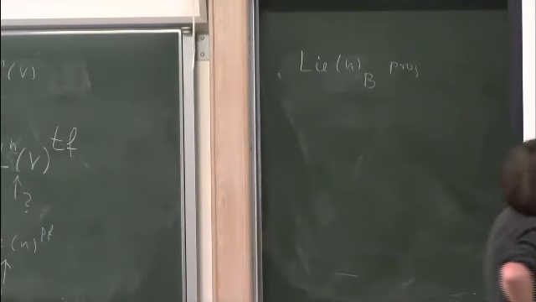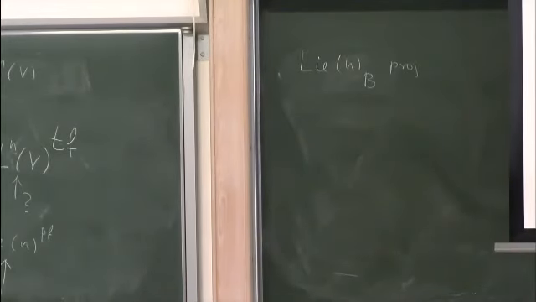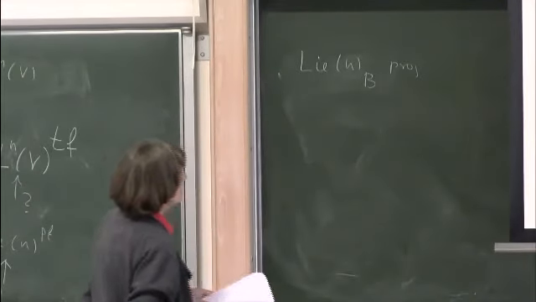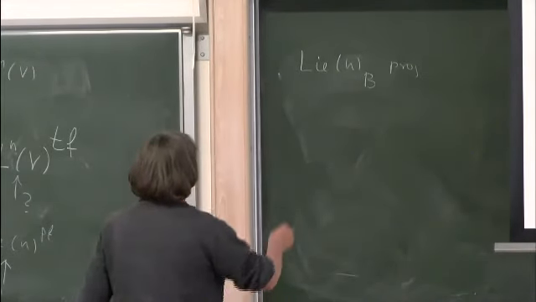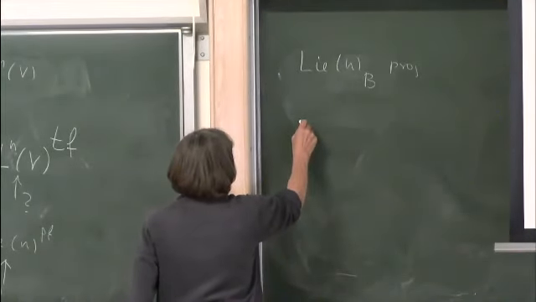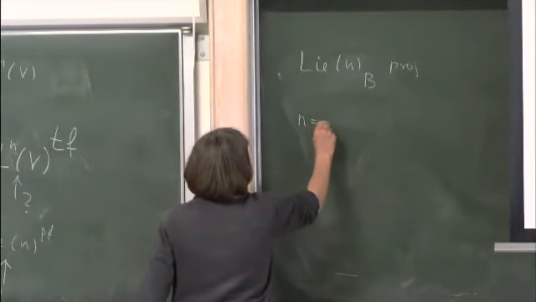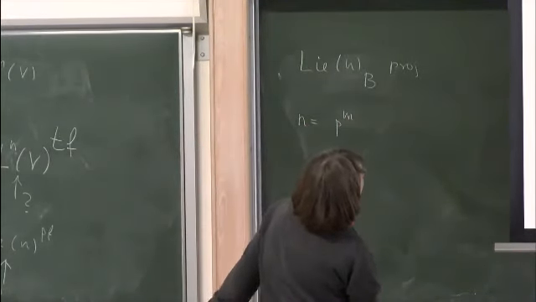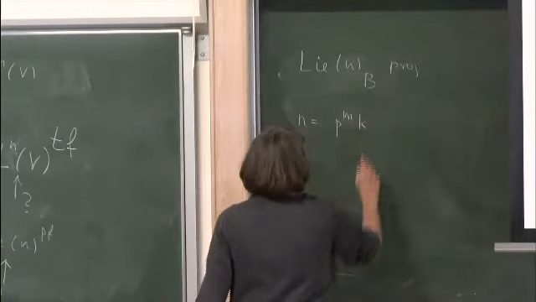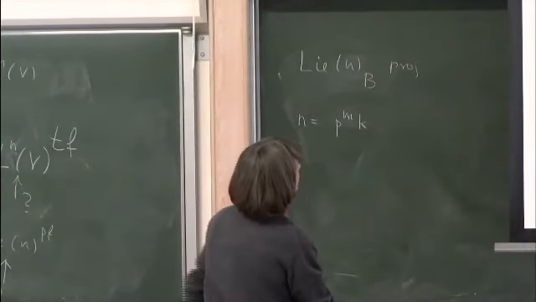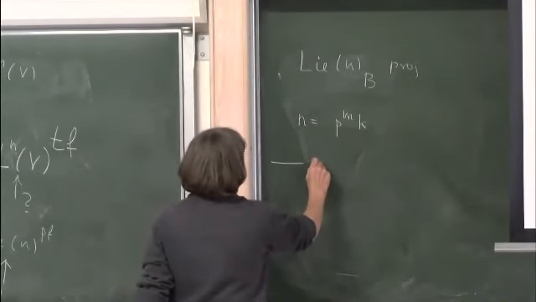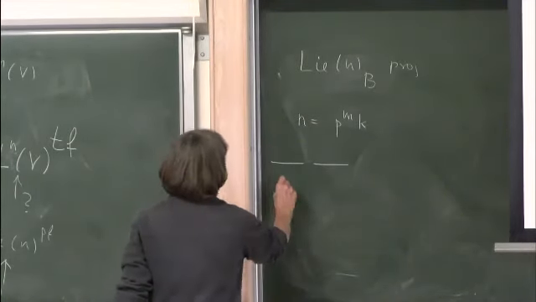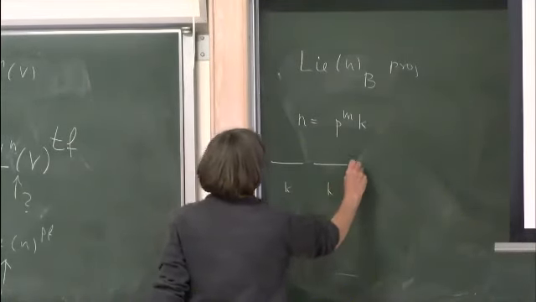And so if we work out what the multiplicities are, then they are the same as if we take Lie k and we induce it from some subgroup, right? So what is this S_k star? So n is p to the m times k. What we can do is we can cut n into blocks of length k, so we have lots of them.